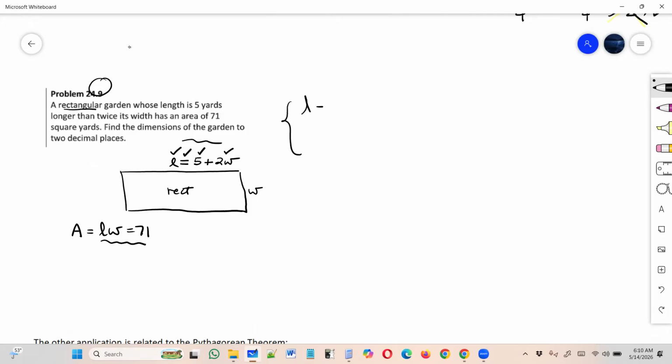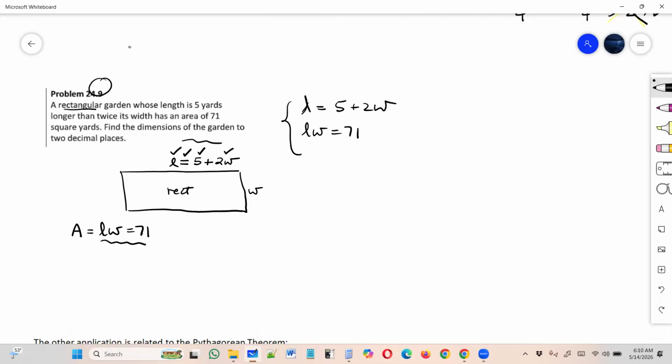So we have the first one, length equals 5 plus 2w, and we have that length times width is 71. So we needed to know that area for the rectangle is length times width.